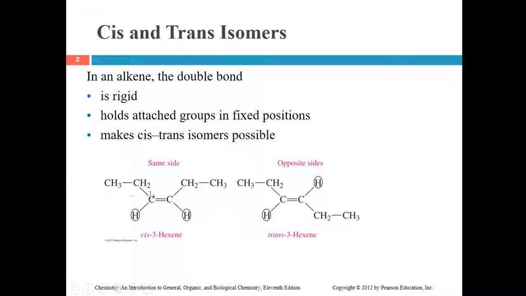They are on the upside that we made of the double bond, and so that's called cis. If they are on opposite sides of the double bond, then it is called trans.